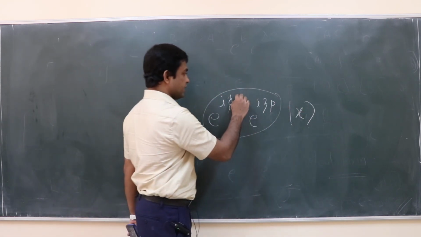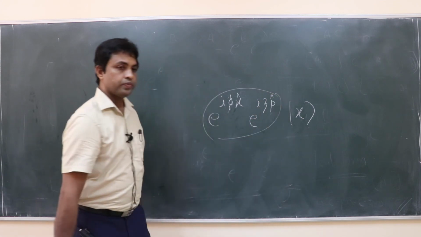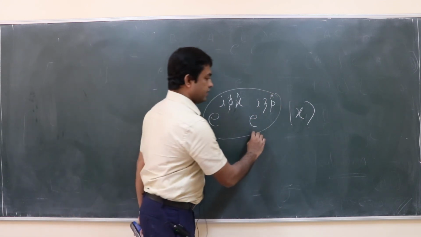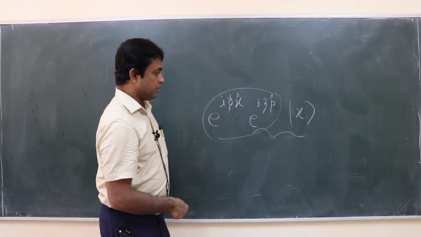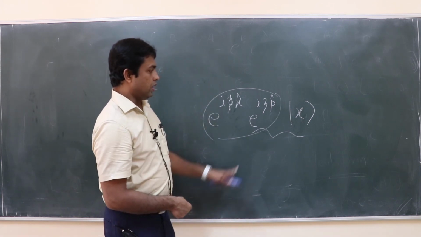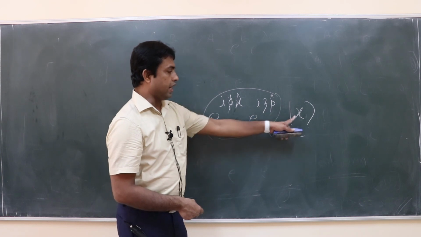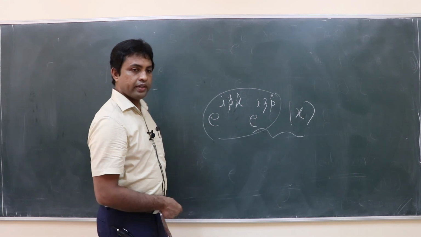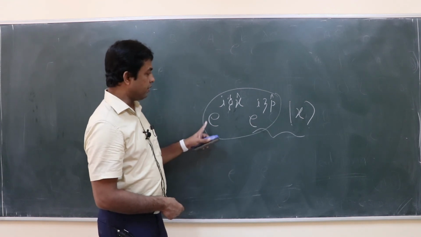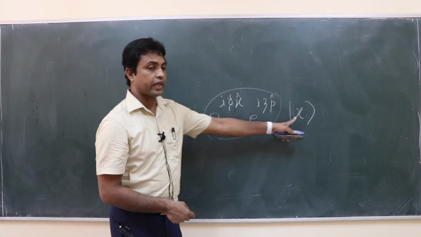Here x and p are operators. What is e power i eta p acting on ket x? That you may not be able to write immediately, but I know i psi x acting on ket x.